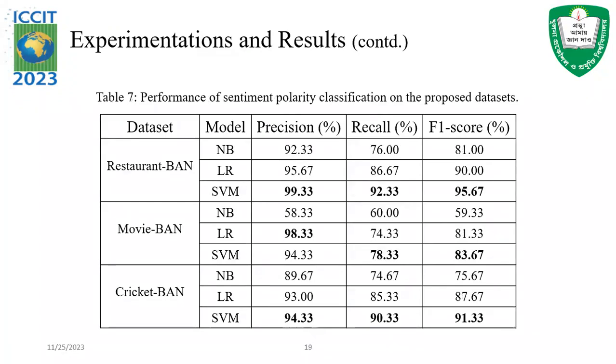Table 7 shows performance of sentiment polarity classification on the proposed datasets. Here, SVM also outperformed on the three different datasets in terms of F1 score at the time of sentiment polarity classification.